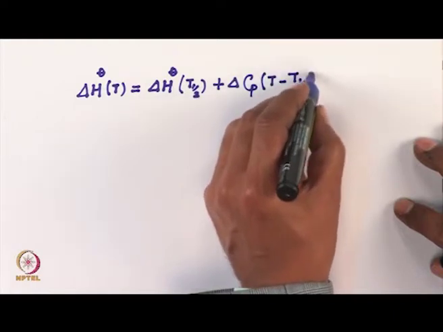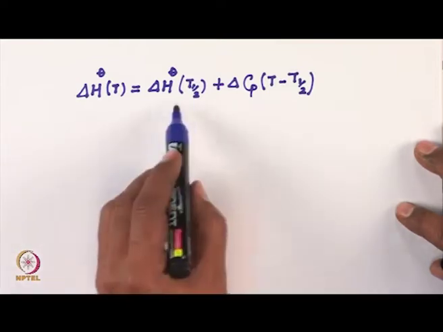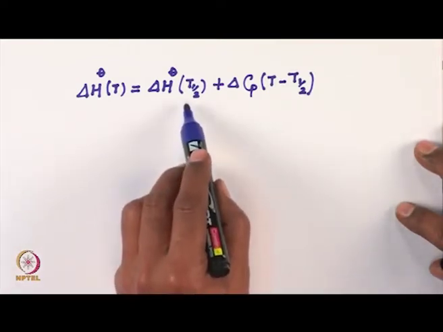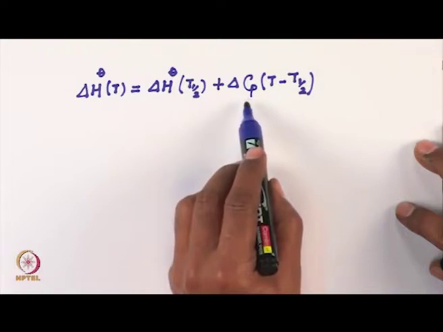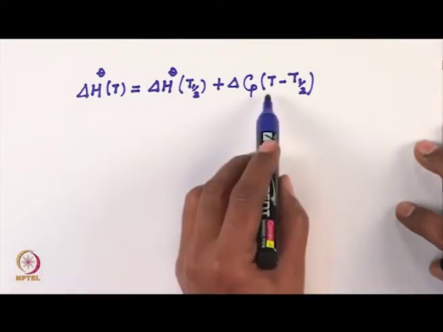This is Kirchhoff's law. That is, if I know the enthalpy of unfolding at transition temperature, if T half I am calling as transition temperature, and then since I know delta Cp, I can calculate delta H at any other temperature.